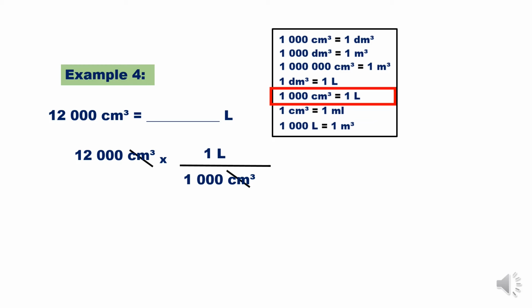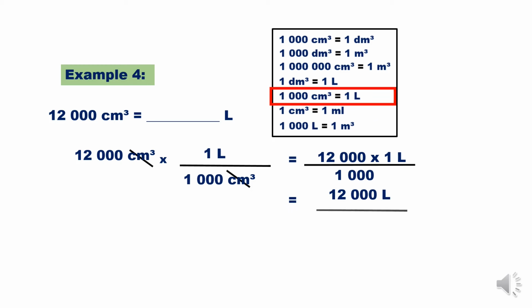Then, cancel. Matitira ang liter. Then, we will multiply 12,000 times 1 over 1,000. So, 12,000 divided by 1,000 equals 12 liters. So the answer is 12 liters.